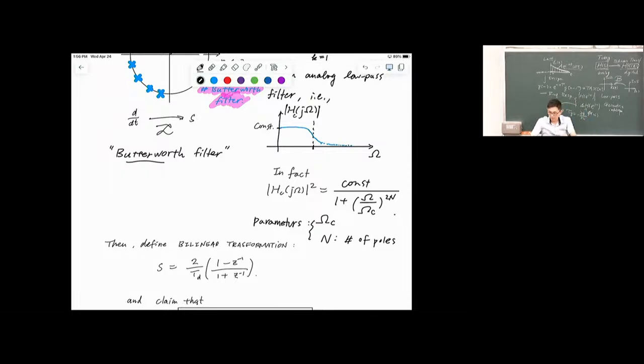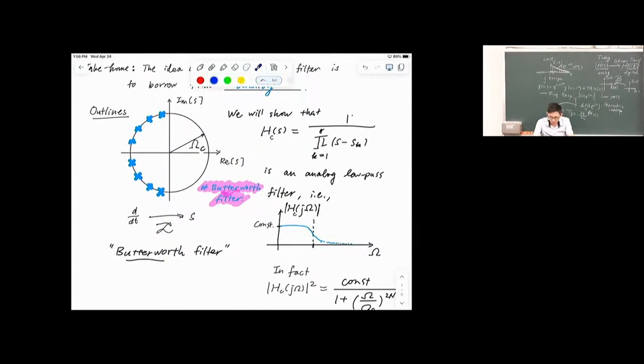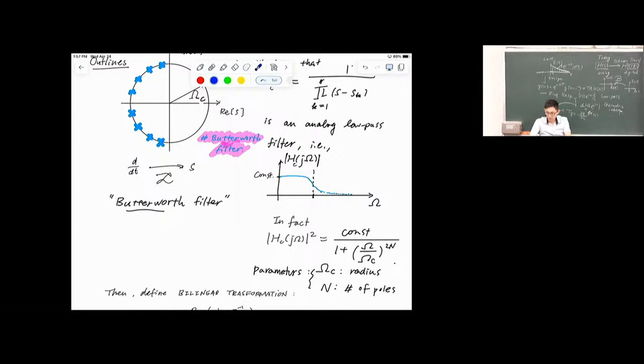And omega c, the cutoff frequency, is simply the radius of this very circle in the Laplace domain on which we place the poles.